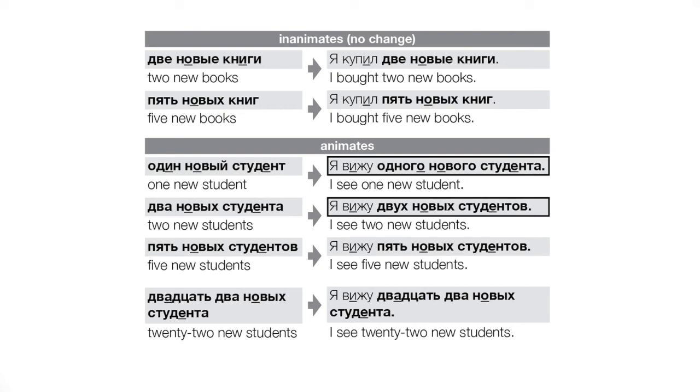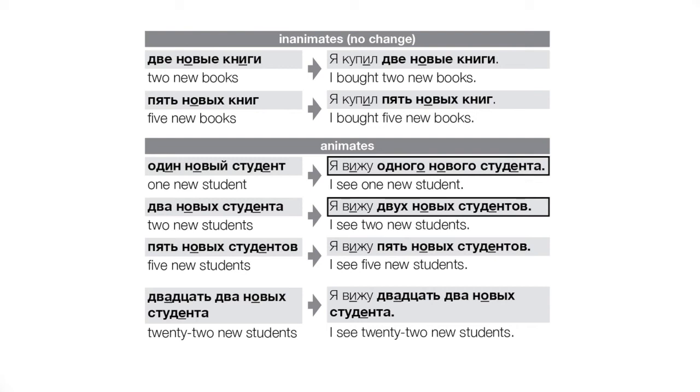So if we have 5 new students, пять новых студентов, we know that 5 is followed by the genitive plural. Now, if we make that accusative, we might expect something like я вижу 5 новых студентов, in order to keep it all in the genitive, because animate accusatives look like genitives. But that's not what we get. Я вижу 5. I see 5, and then what follows is again just dictated by 5.